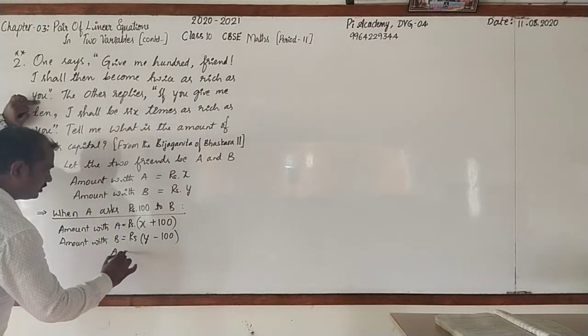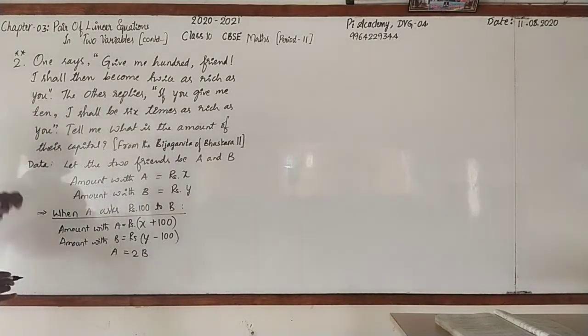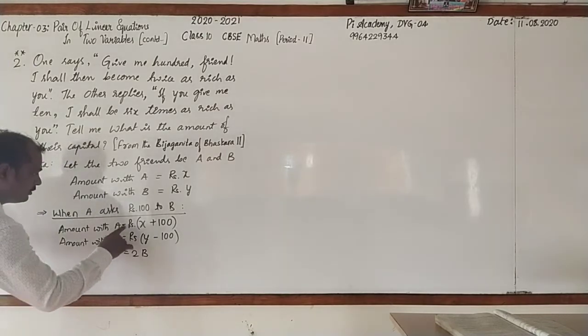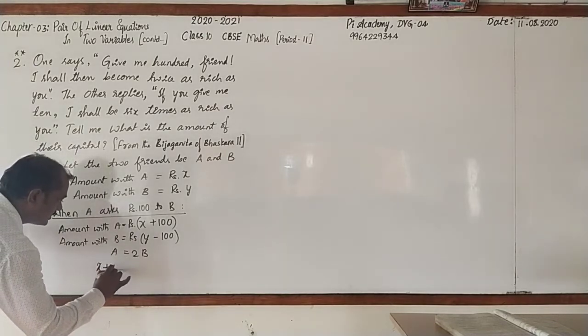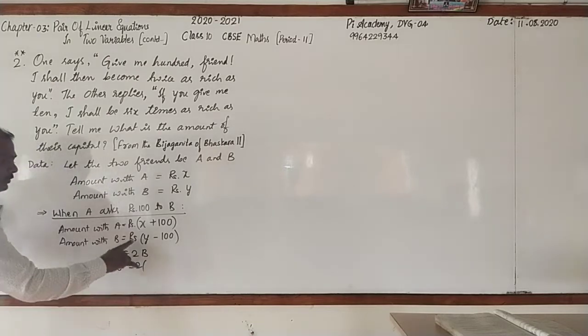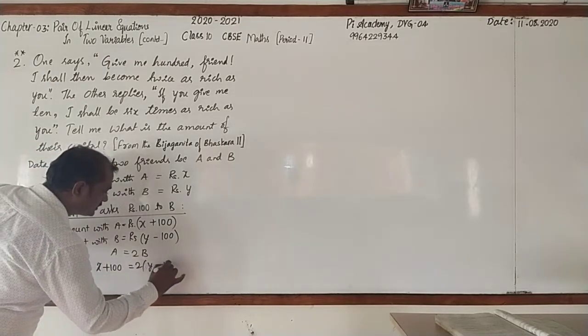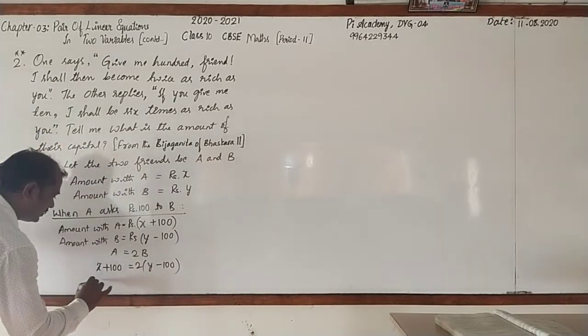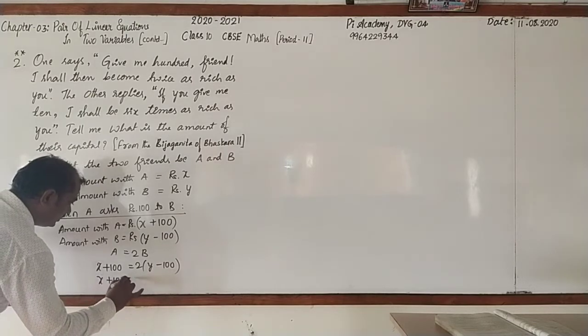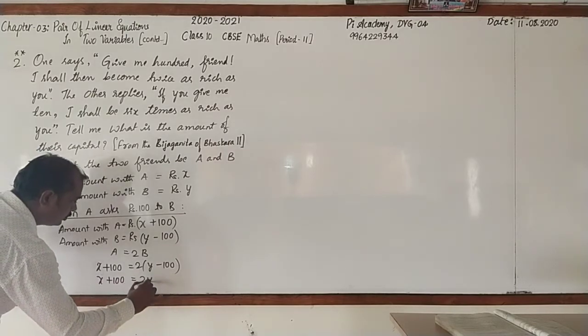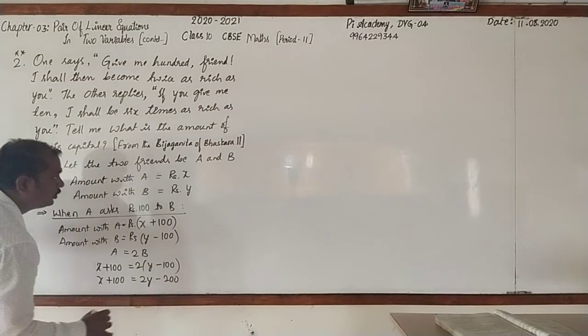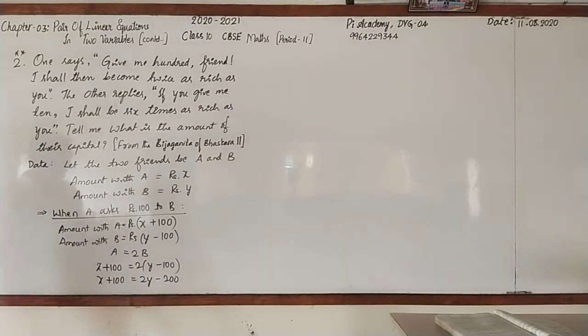A becomes twice as rich as B. Then what is the amount with A? It is X plus 100, equal to 2 into Y minus 100. It is X plus 100 is equal to 2Y minus 200. Clear?